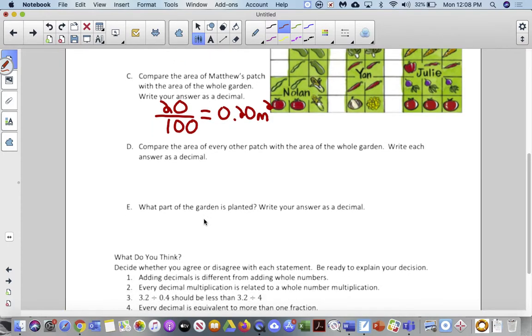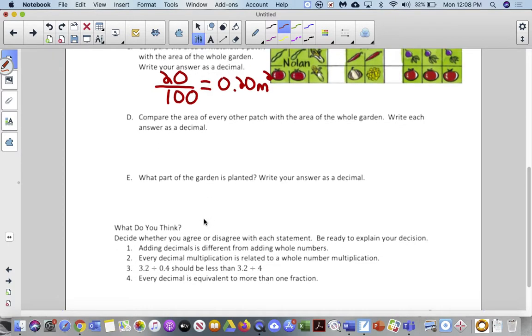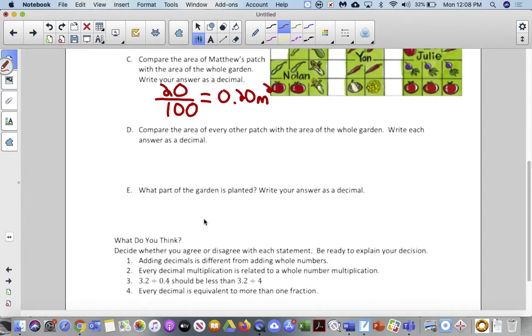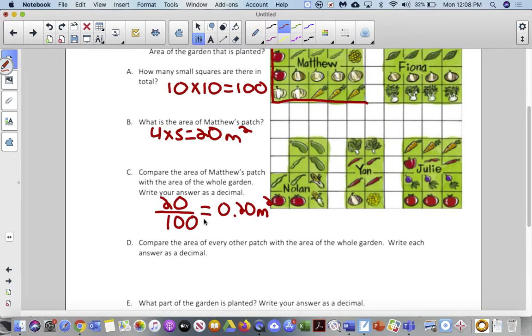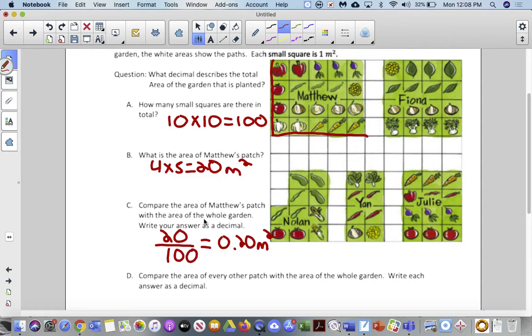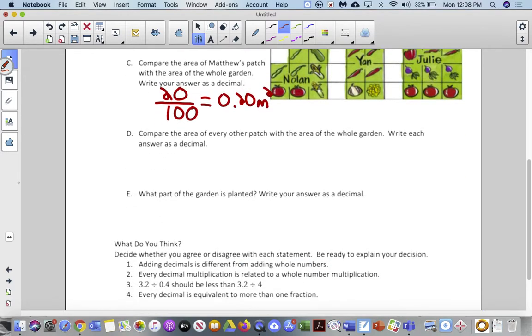Compare the area of every other patch with the area of the whole garden. Okay. So if I do Fiona, it's 1, 2, 3, 4 by 1, 2, 3, 4. So Fiona is 4 times 4, which is 16 meters squared.